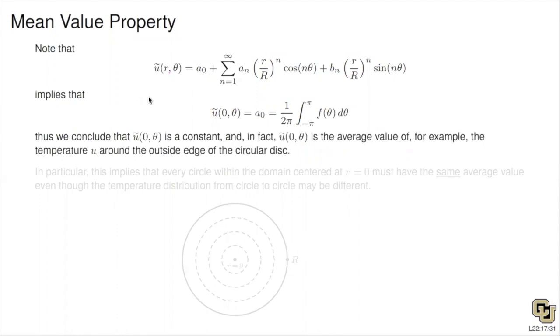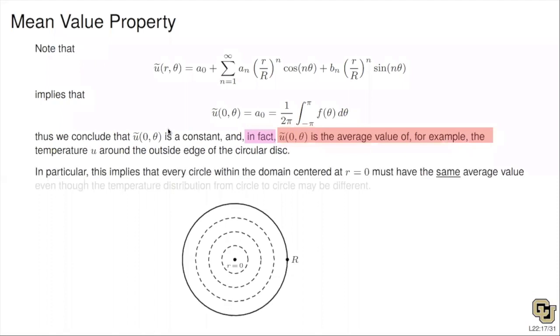We can extend this idea to any circle that u naught is centered around. I'm saying, in fact, u tilde at the pole, the temperature at the pole, is the average value of any circle that you pick.